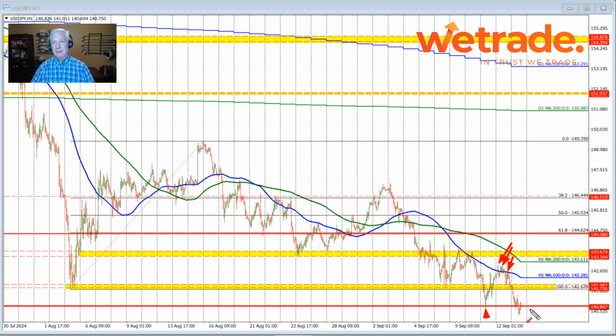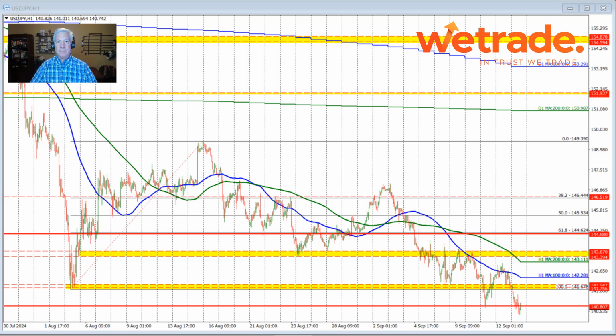So we're back right around the low price from January 2nd, near the 140.80 level, currently trading 140.83 as I speak. So we are just above that level. We're trying to bounce off of the December 2023 low and get back above the January 2024 low in the dollar versus yen.